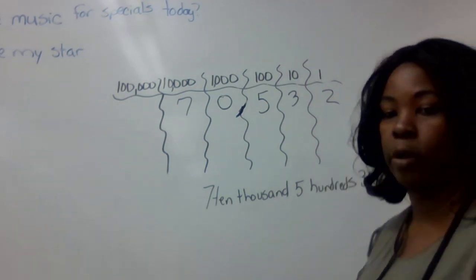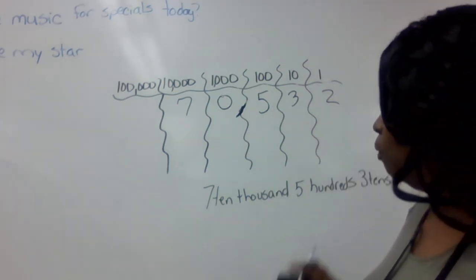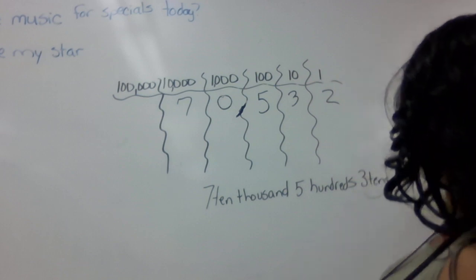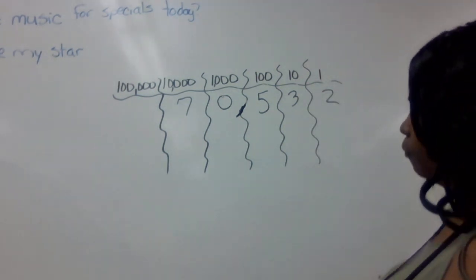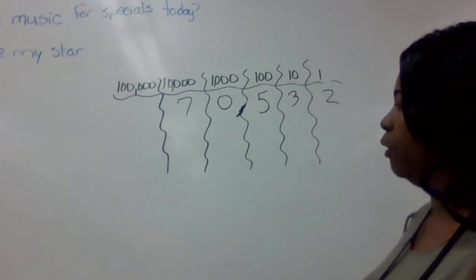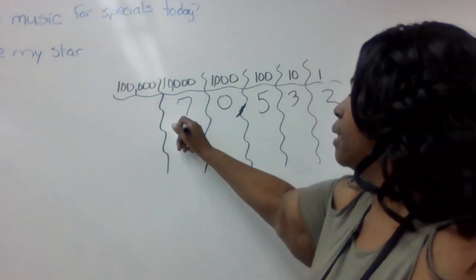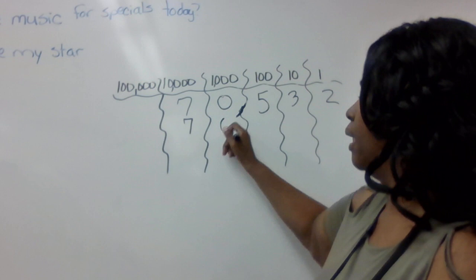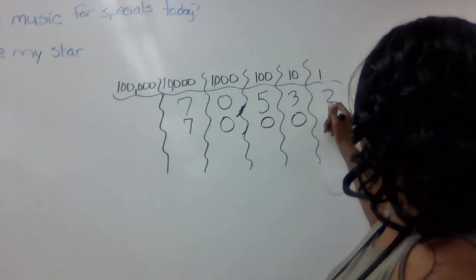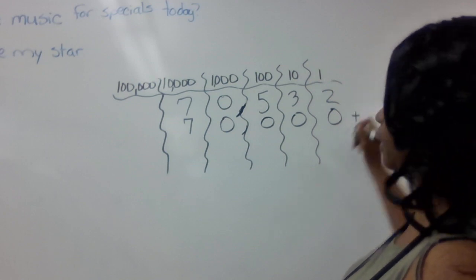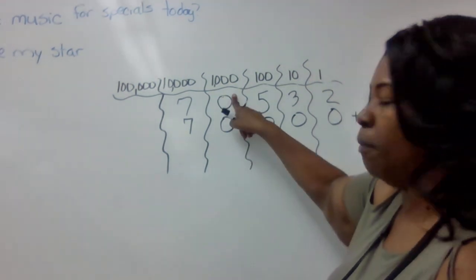Now using this, I want us to do our word form, and we're also going to do our expanded form. Okay? So let me go ahead and do our expanded form. 7. Everything after the 7 will go to a 0. That's the highest place value. We're going to do plus. We're going to come down to the next number, but that's a 0.